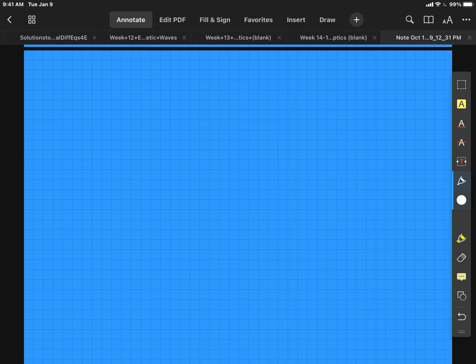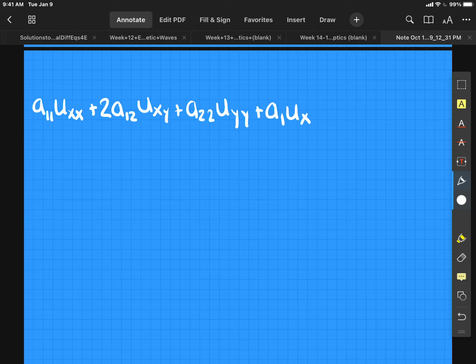So in general, let's consider some differential equation with constants a sub nm of the function: u_xx plus 2a_12 u_xy plus a_22 u_yy plus a_1 u_x plus a_2 u_y plus a_0 u, and all of this equal to 0.